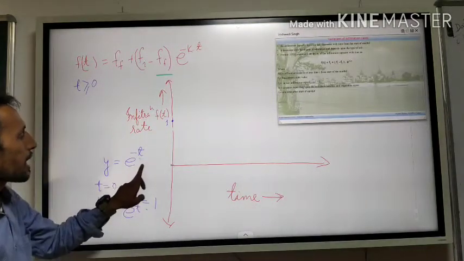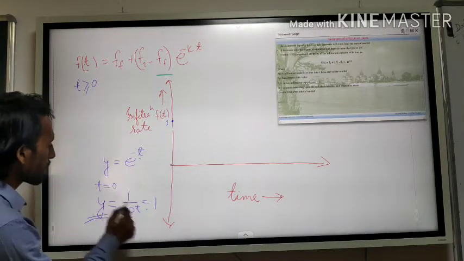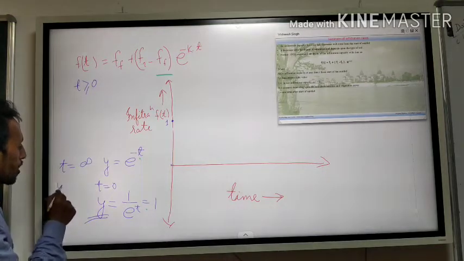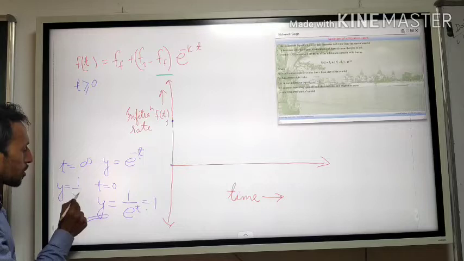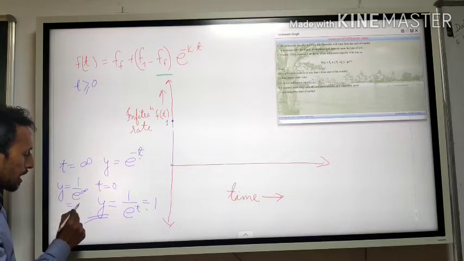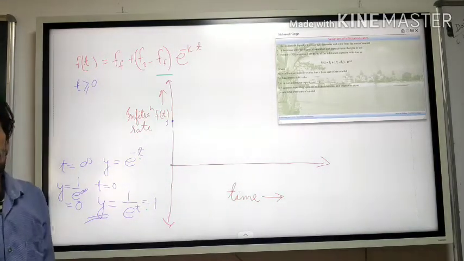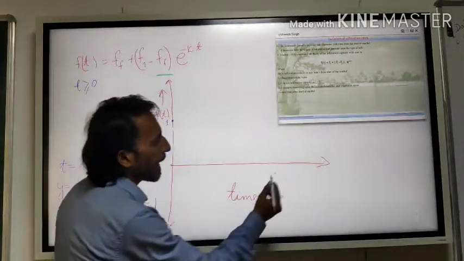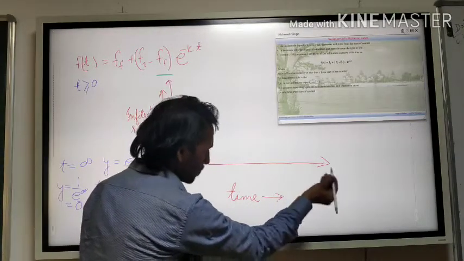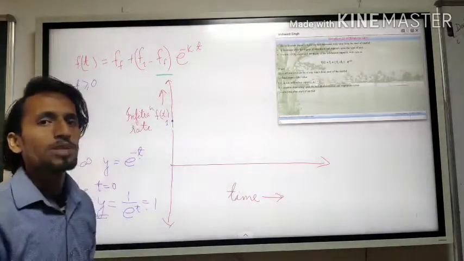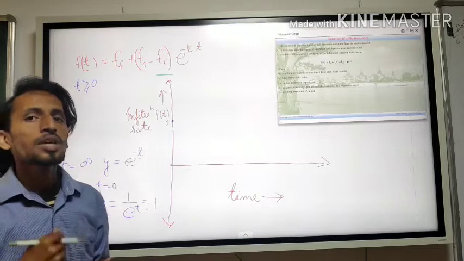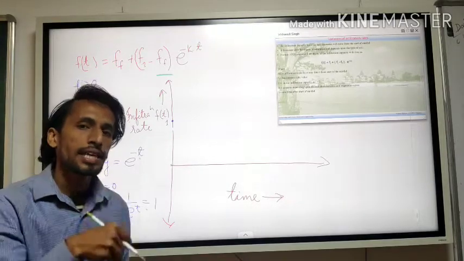Then if you put time is equal to infinity, you will get y is equal to e to the power minus infinity, which is nothing but 0. So at infinite time, the curve will end at some 0, which is basically your limiting value, because you cannot define infinity.